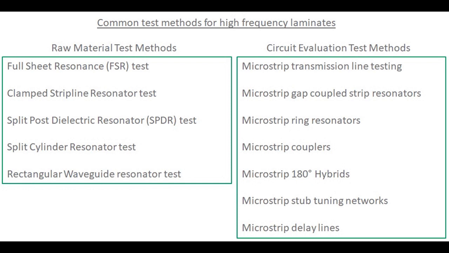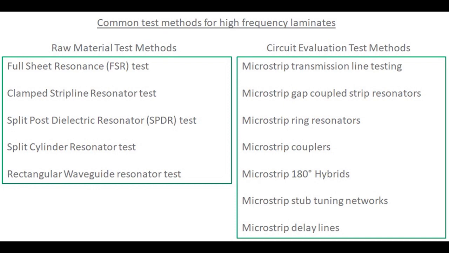Those test methods are different than a lot of our customers who take our materials, build circuits on them, and then, based on how the circuit performs, extract some of these properties, dielectric constant and dissipation factor. What determines these extracted properties for a circuit is dependent on the circuit fabrication process. So there are variables in the accuracy of determining these properties due to circuit fabrication.